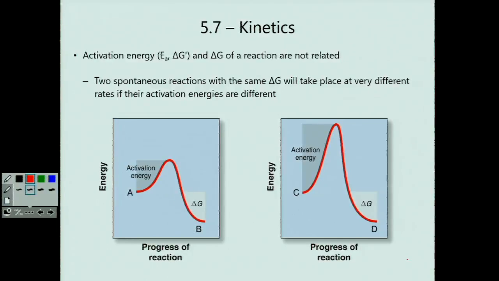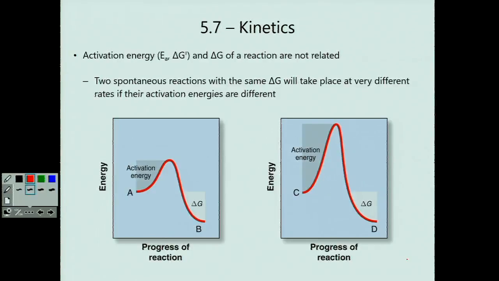This is exergonic. Products are more stable than reactants. This is a spontaneous process that has whatever value of delta G. What we hadn't talked about up to this point is this little hump, right? Well, this hump, in fact, represents the activation energy of the reaction. That's the kinetics portion of the process.